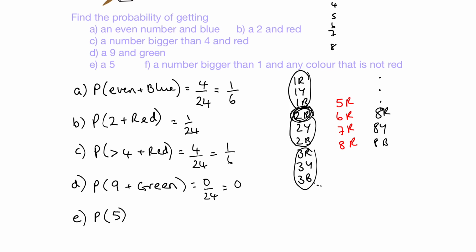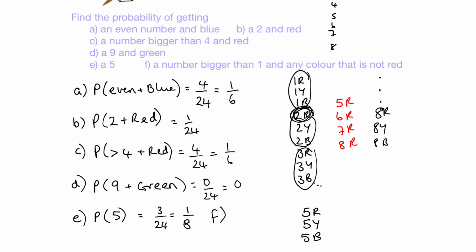Well, if we'd continued this list here, remember we would have written 5 red, 5 yellow, 5 blue. So there's 3 different ways of getting a 5, 3 out of 24, and 3 out of 24 simplifies both in the 3 times table to 1/8.